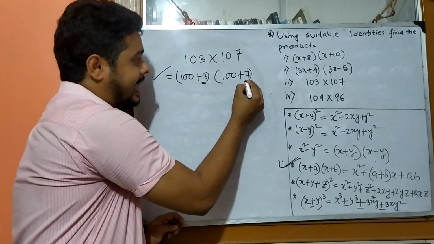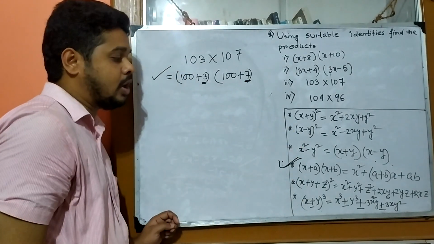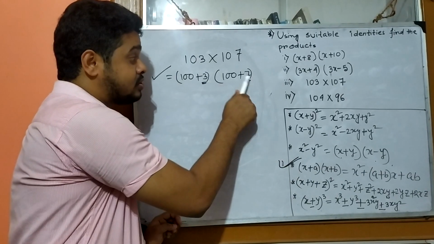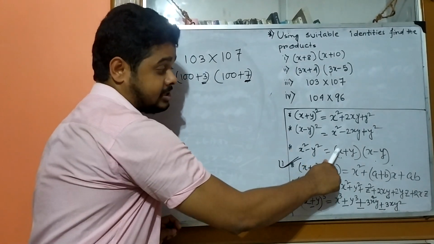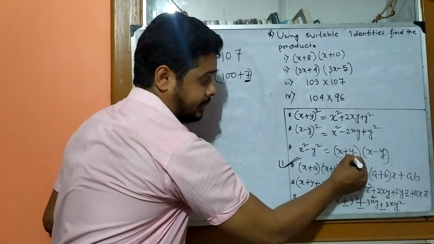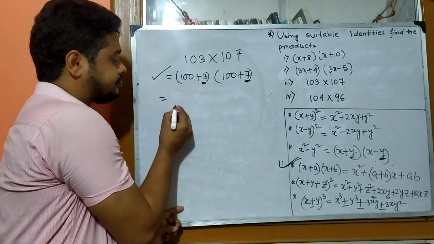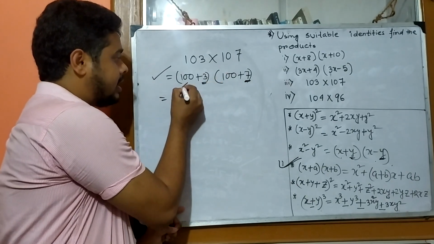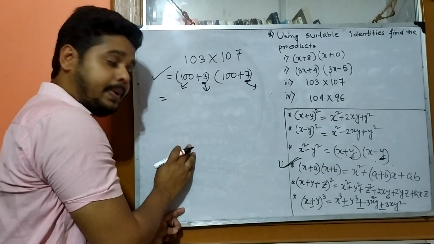Because these two are different, we have to apply that identity. If these two are the same, then we have to apply the identity x plus y, x minus y. This time they are not the same. Now that is our x, that is our a, that is our b.